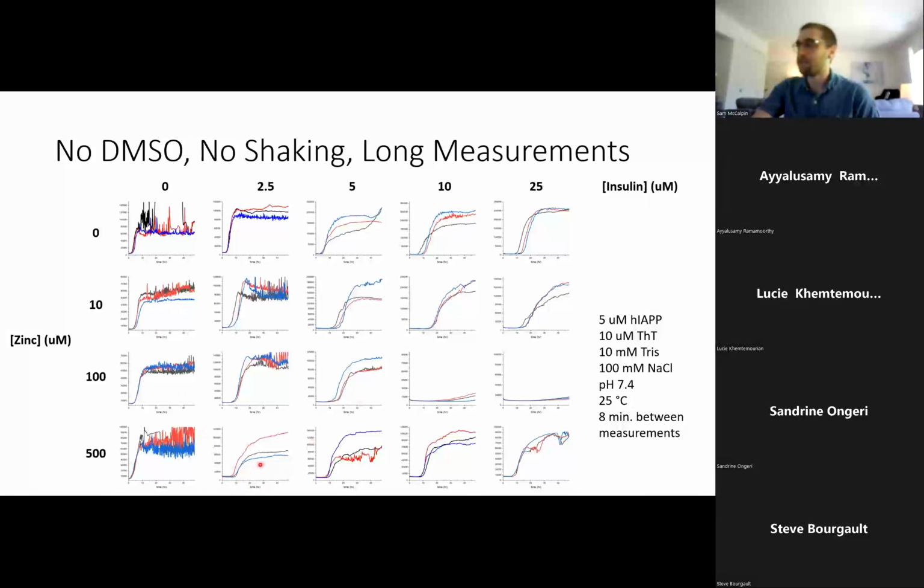There's still some variability in the lag times and fluorescence intensities, but for the most part these shapes are all the same. As Dr. Bourgault was saying, this parameter affects the kinetics of the experiment pretty significantly, and in my hands at least, it also seems to improve the reproducibility of the data.